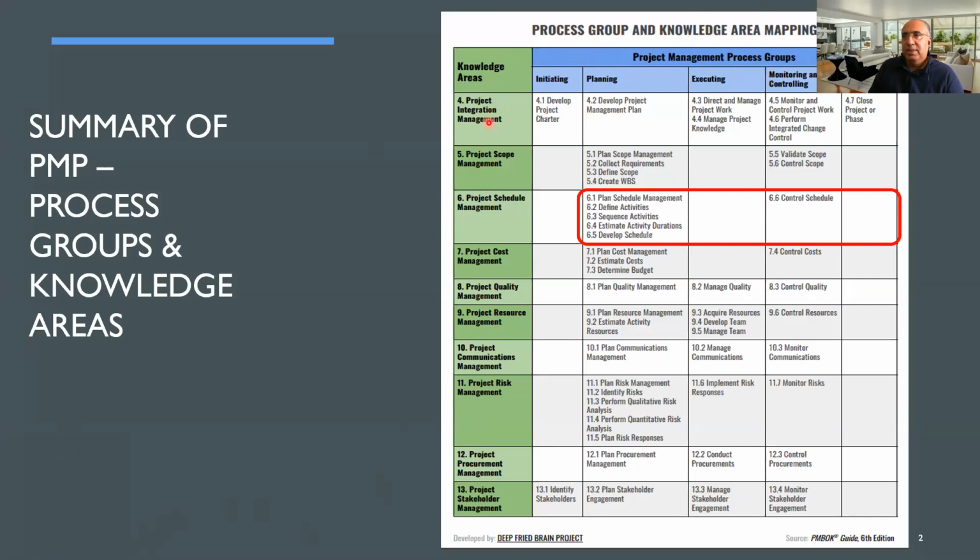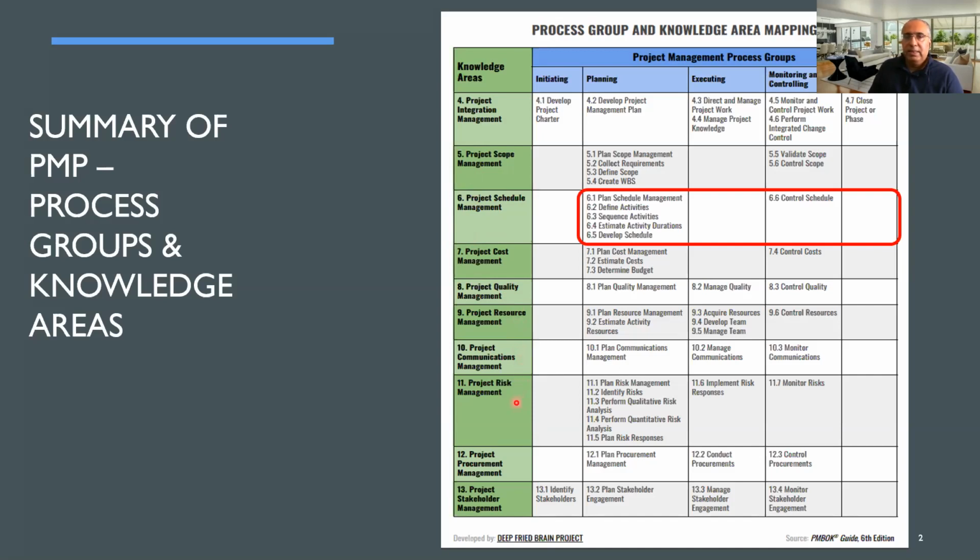Of those, there's integration, scope. Scope is what work you have to do, schedule based on the time, managing the time of the project and activities, then cost to ensure that your project doesn't go over the budget, quality to ensure the project meets the customer needs, resources is managing the team, communications is how you will communicate those concepts to the stakeholders about the project, whether it's on target or there's any risks.